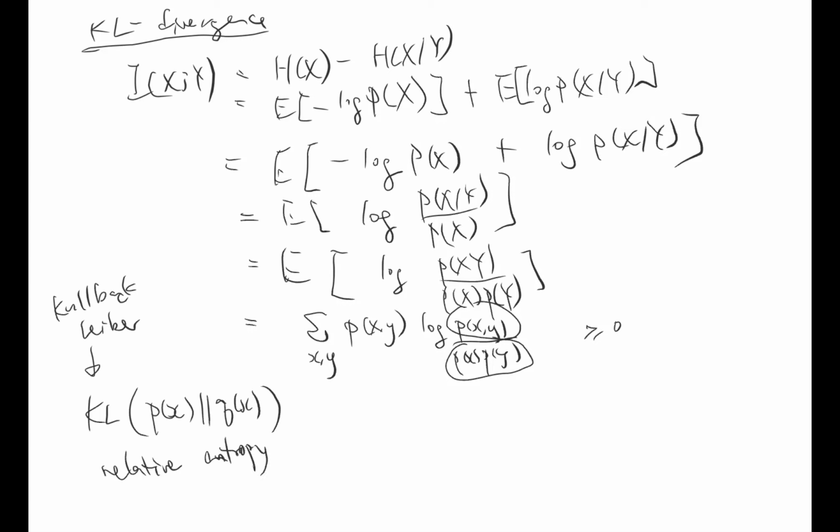But fewer people call this relative entropy now, because KL-divergence has become so widely used in other areas of computer science, machine learning, and so on, so many people just call it KL-divergence.